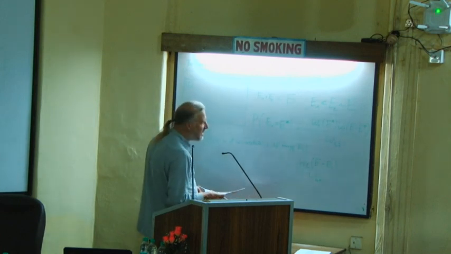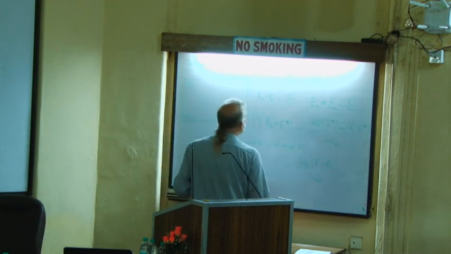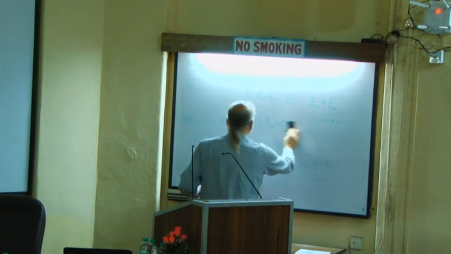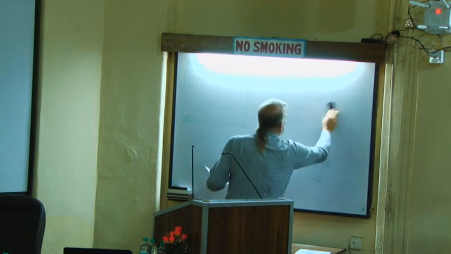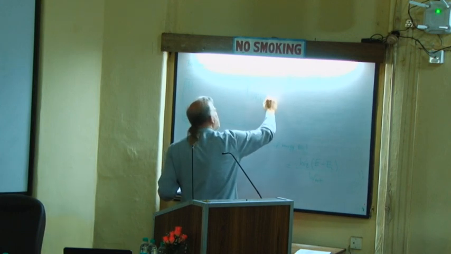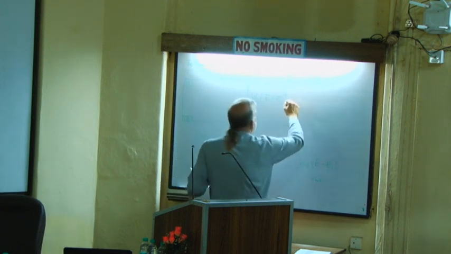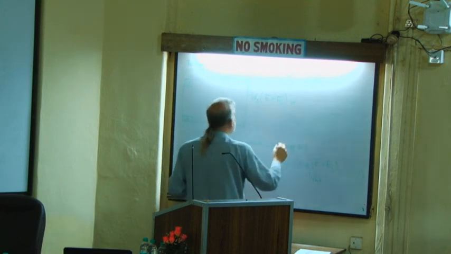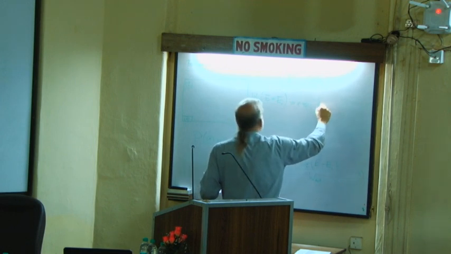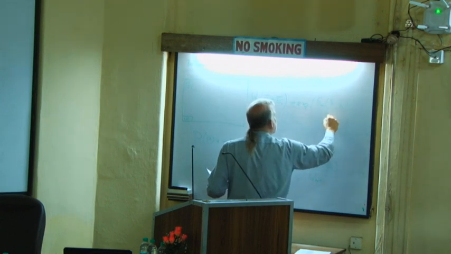Again, elementary probability theory. Now all we need to do is study this expression here. So W2 of E minus EI, by using the expression of the entropy, I can say that this is the exponential of S2 of E minus EI divided by the Boltzmann constant.